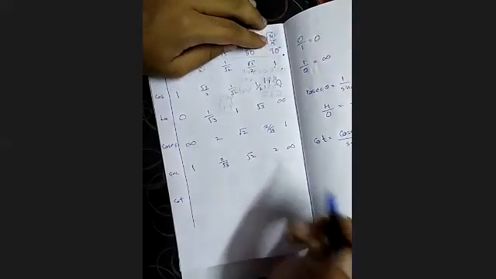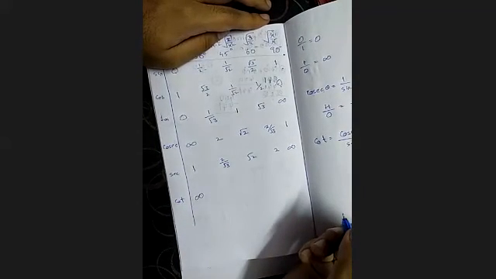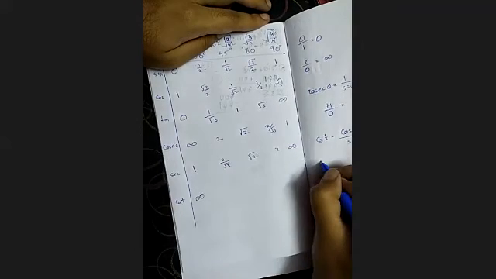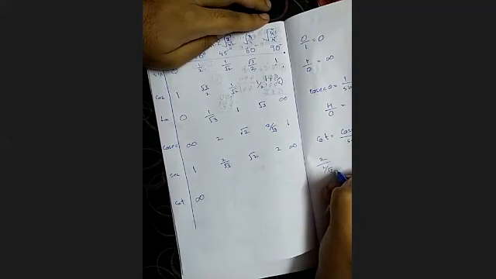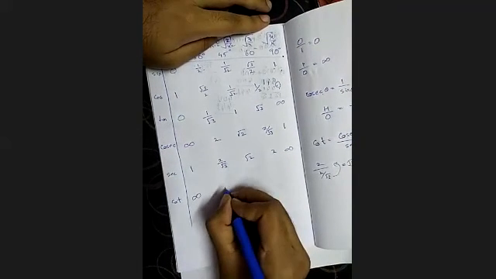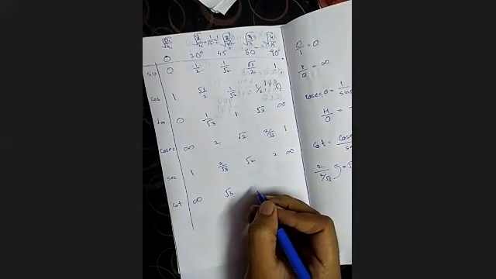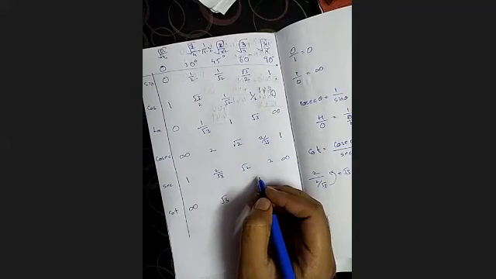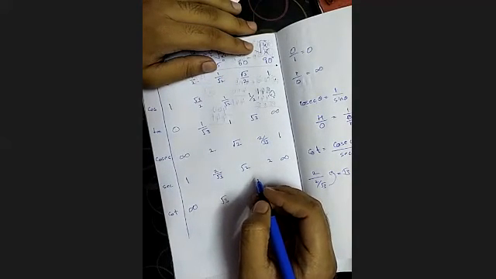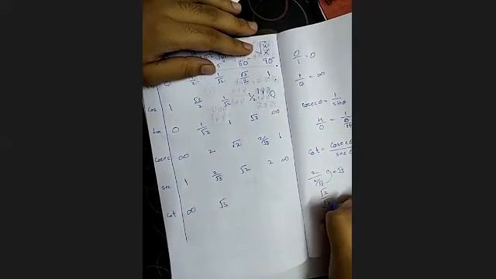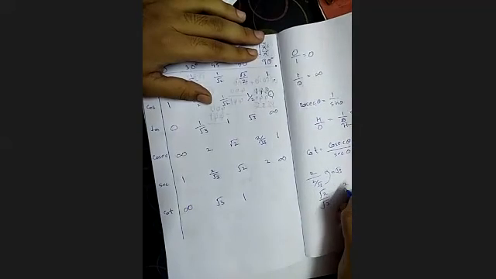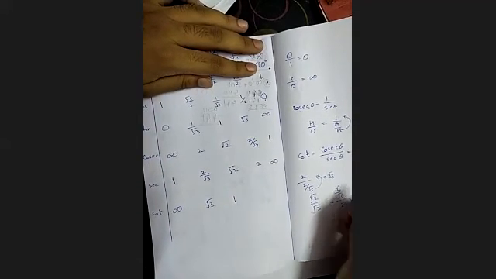So infinity divided by 1 will be infinity. 2 by root 3 divided by 2 will be 1 by root 3.